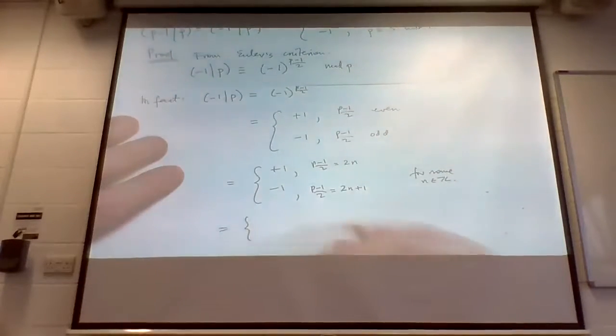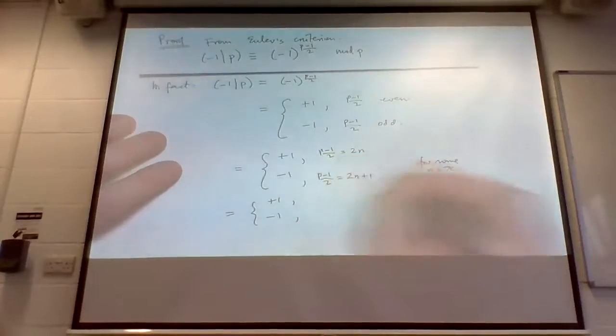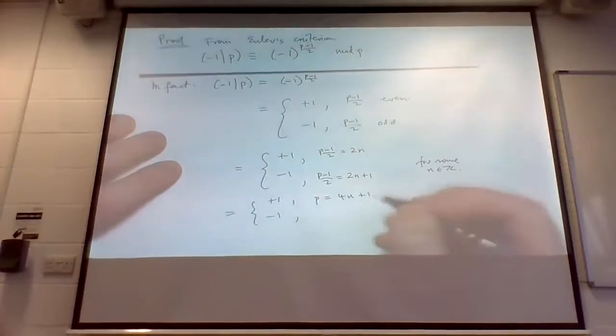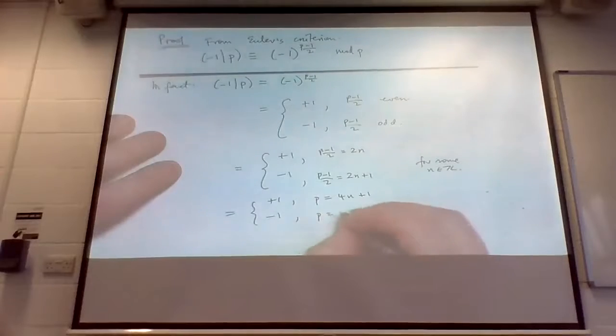But you can rewrite those conditions. Just reorganize: multiply across by 2, and here you get p is 4n plus 1, and here you get p is 4n plus 3.